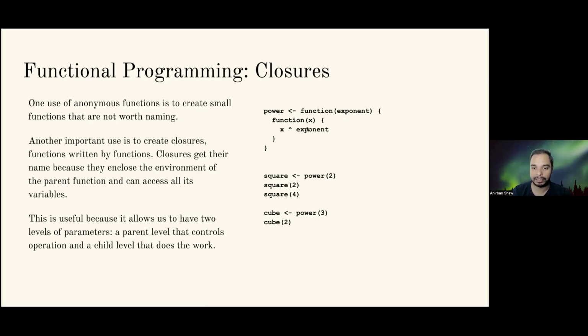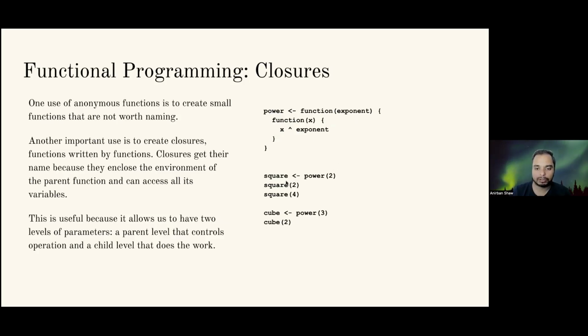Because x is not defined anywhere. But it won't actually, because R realizes that this x is just another function definition. So it returns this whole function when power is run, right?